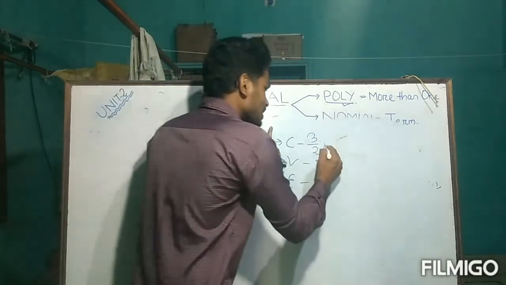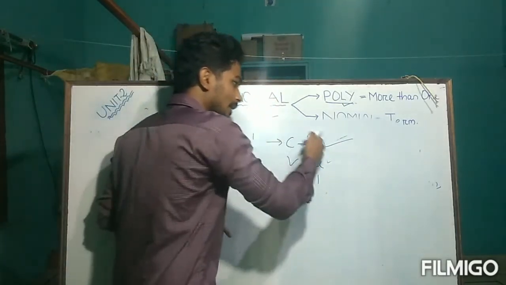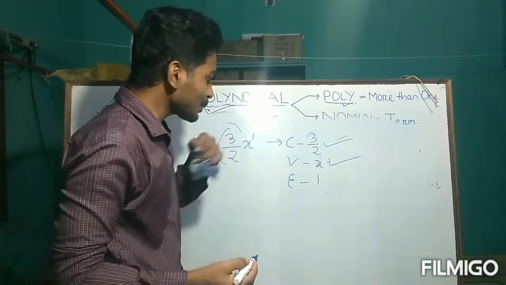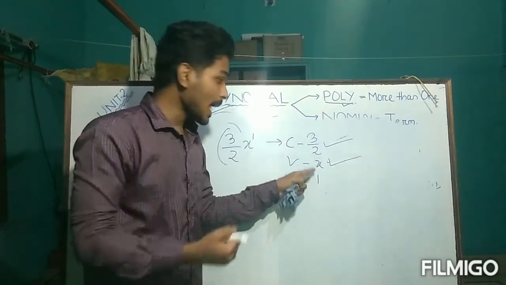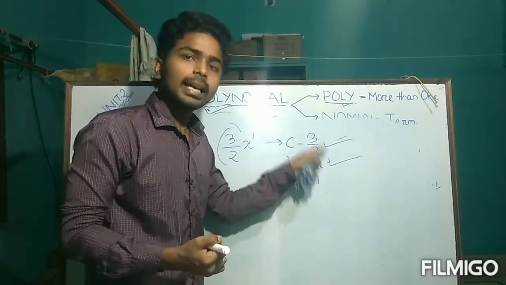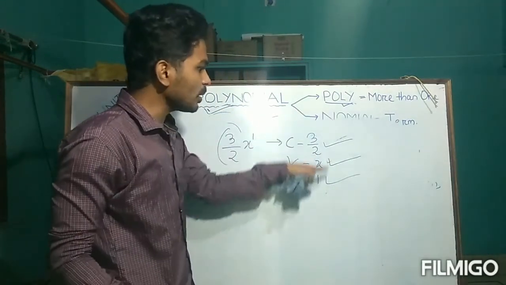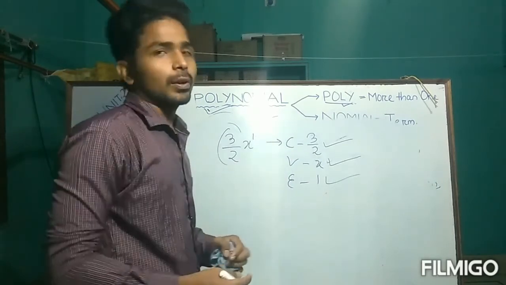So the first condition is satisfied, that it should contain a coefficient. It should contain a variable. Now the exponent must be non-negative. 1 is non-negative and 1 is also an integer. So it satisfies all the three conditions of polynomial. So it is a polynomial.